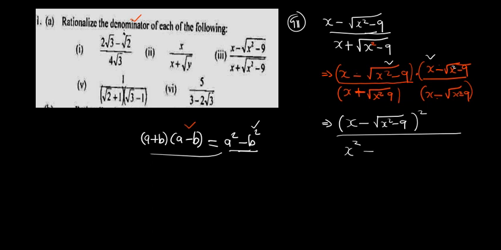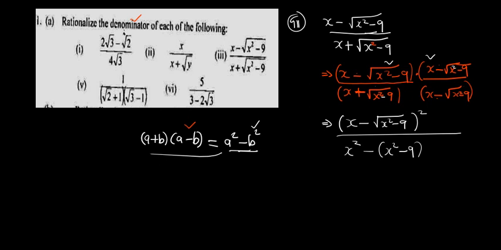Then that one, if I put in the root, the root will be cancelled because it will be squared, so you just remain with x squared minus 9 like that. So that's what we remain with once we square these roots. So that is it. Hope that is clear.